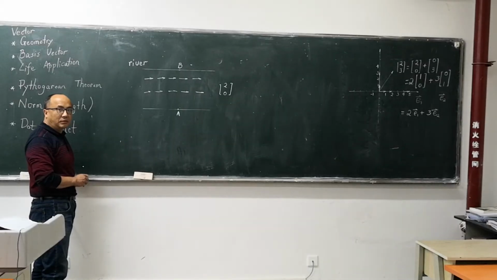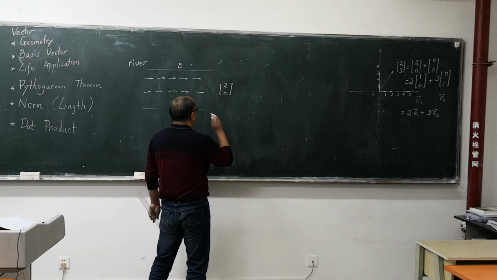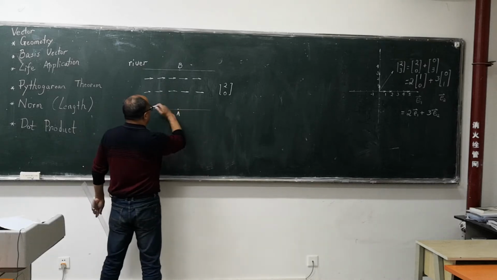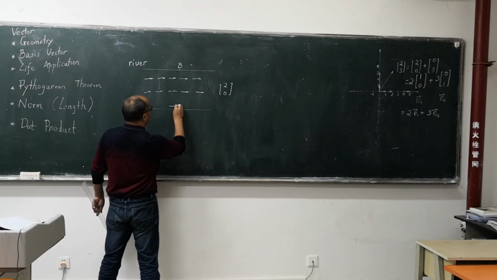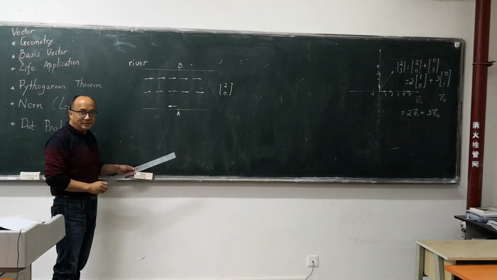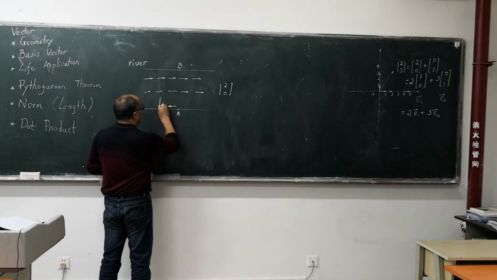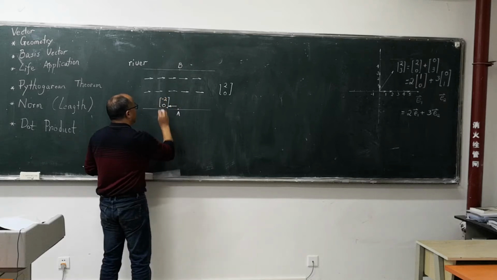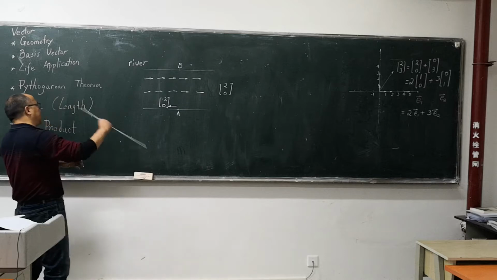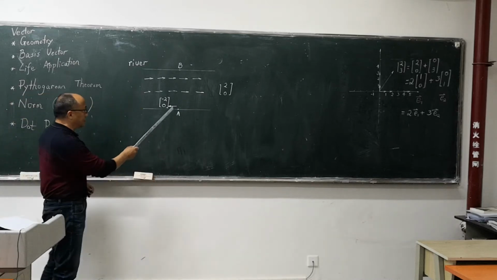If your boat goes this way, and this vector is minus 2, 0, your boat is in the opposite direction at the same speed.